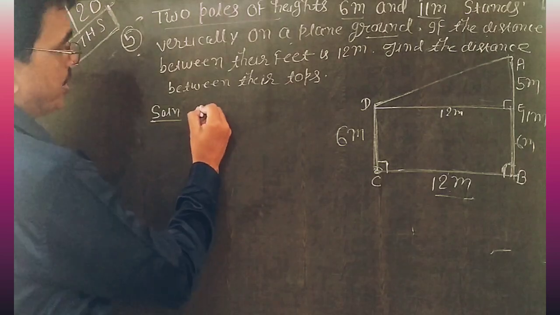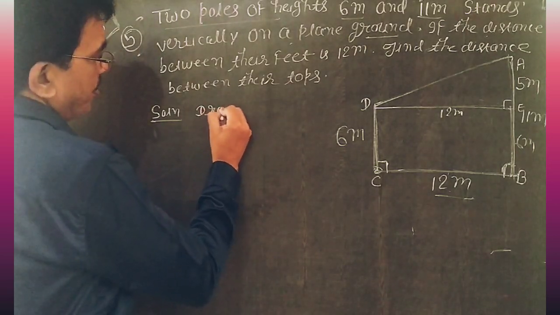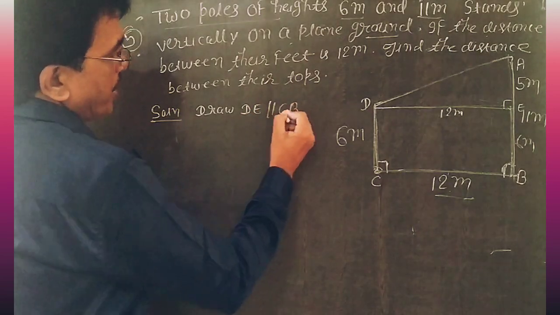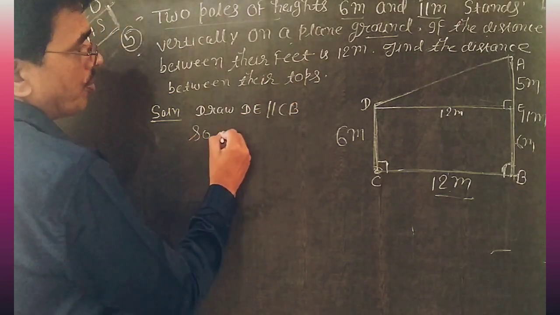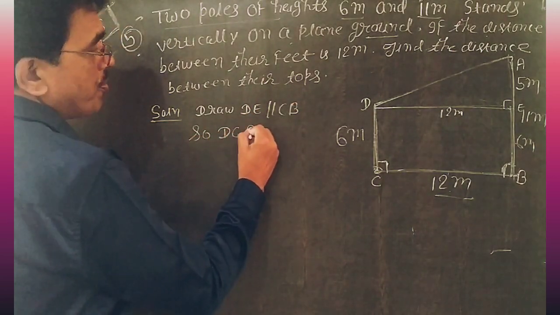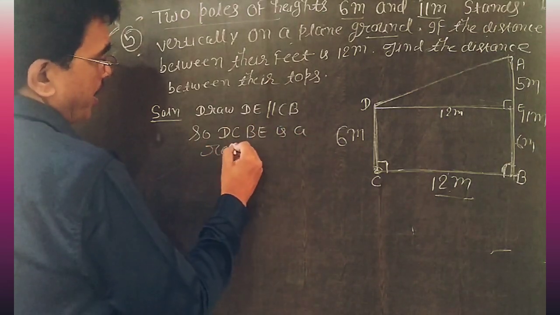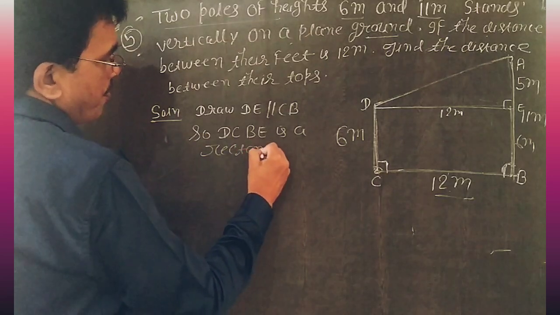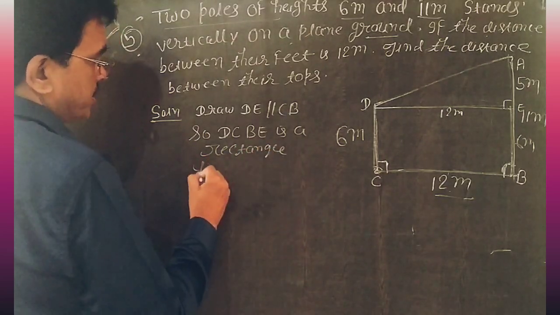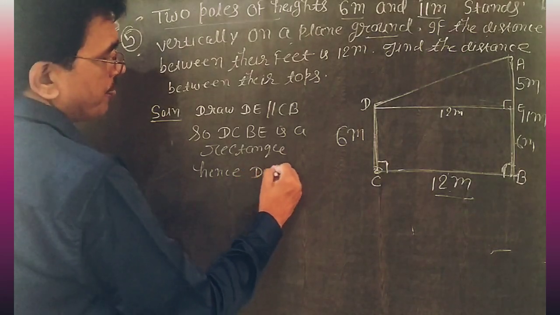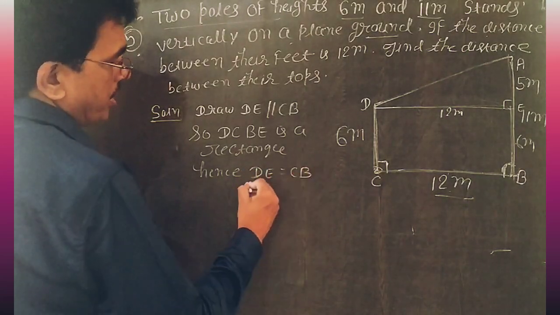You write, draw DE parallel to CB. So DCBE is a rectangle. Hence DE is equal to CB.